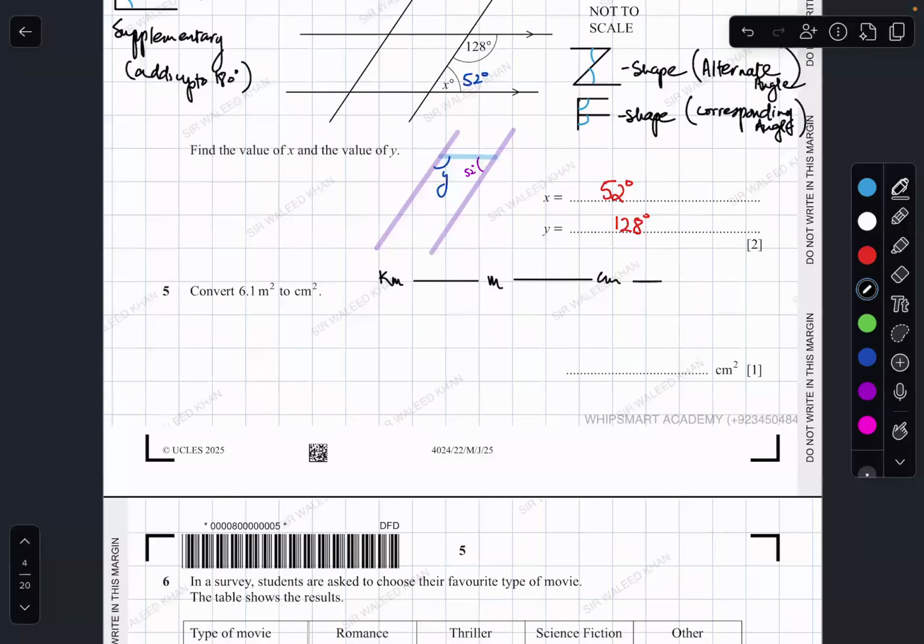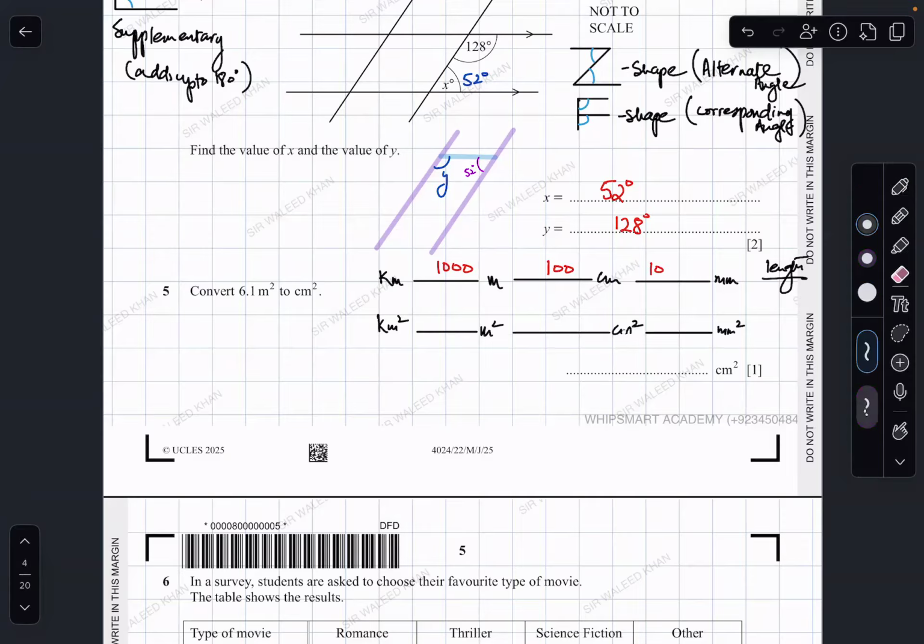If you remember this for length, because kilometer, meter, centimeter, millimeter, all these are lengths, I can easily figure out the scale for area, which is in squared form: kilometer square, meter square, centimeter square, and millimeter square. Okay, they are in squared form.